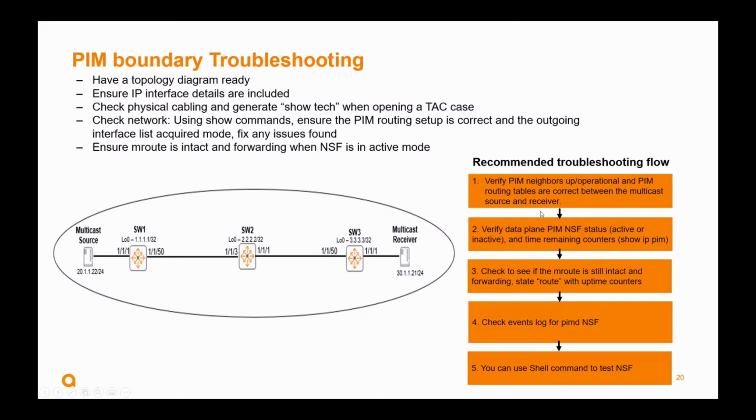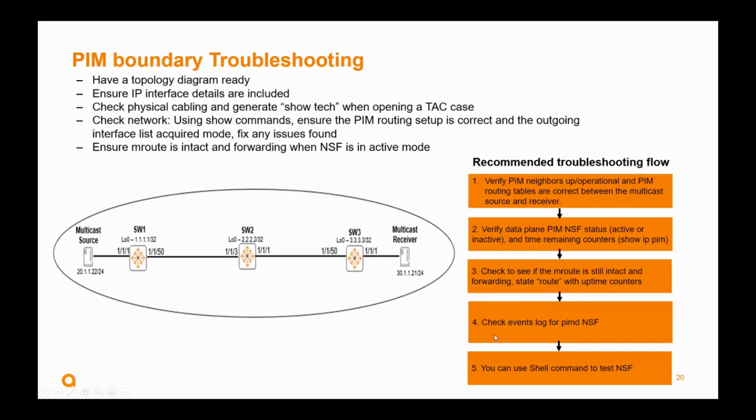Always make sure the multicast tables, the MRoutes, are correctly populated. And verify the data plane with PIM nonstop forwarding status, active or inactive, with your show IP PIM. And then check to see if the MRoutes are still intact and forwarding. The routes, in the state, we will see its route.